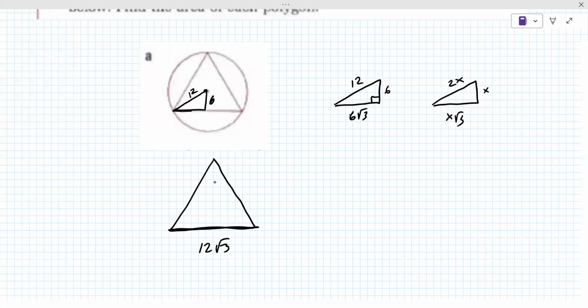Okay, yeah, that's what I was. Yeah, and that's why I realized what you're trying to say. So we can use that in the formula, the square root of 3 over 4 s squared for the area of a triangle. Okay, so why don't you do that for us, please?